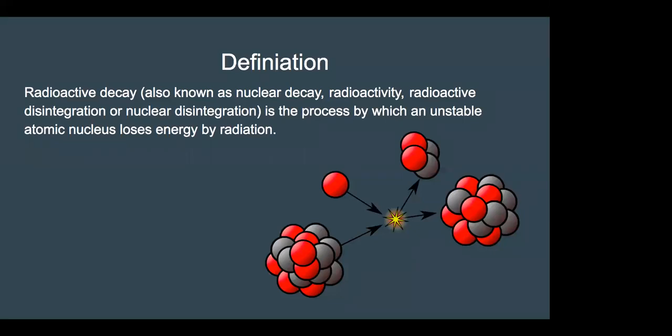A material containing unstable nuclei is considered radioactive. There are three most common types of decay, which are alpha decay, beta decay, and gamma decay, all of which involve emitting one or more particles or photons.